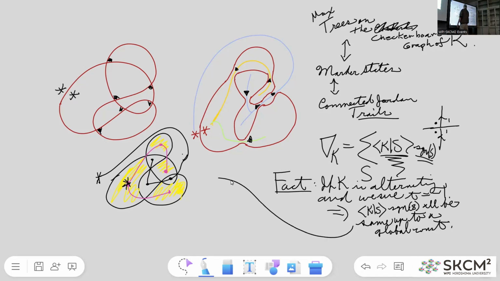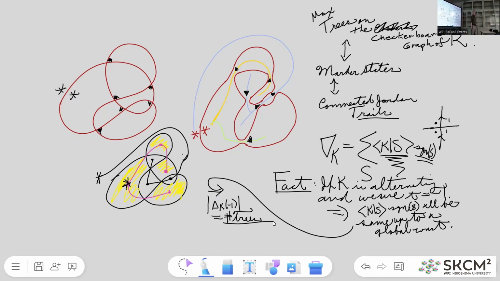And that implies, that requires proof, and that implies that the absolute value of the Alexander polynomial at -1 is equal to the number of trees. The number of maximal trees.